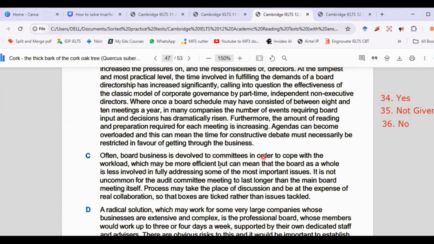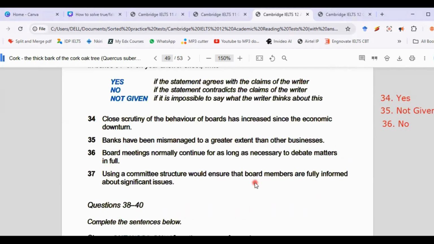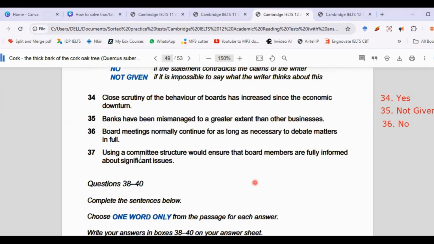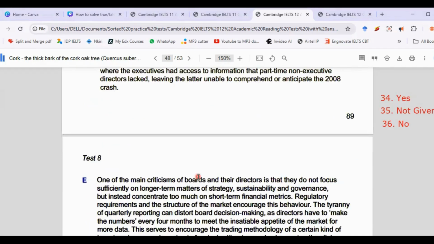In order to cope with the workload, which may be more efficient, but can mean that the board as a whole is less involved fully. That's our answer. You see this part I've highlighted now. What does it do to number 37? Is it supporting or contradicting number 37?